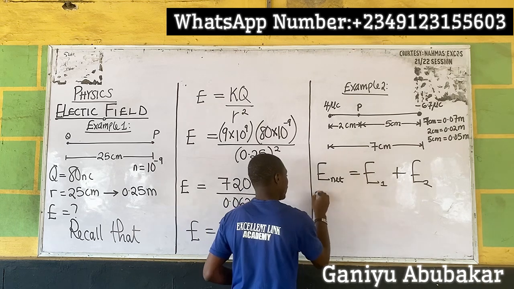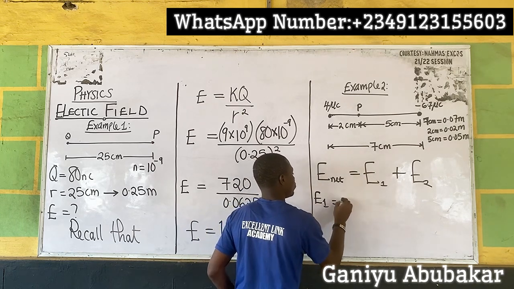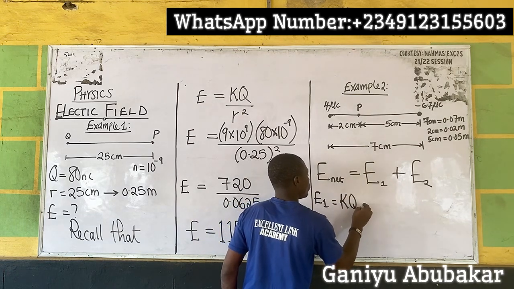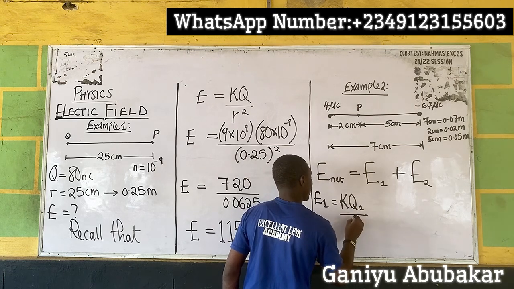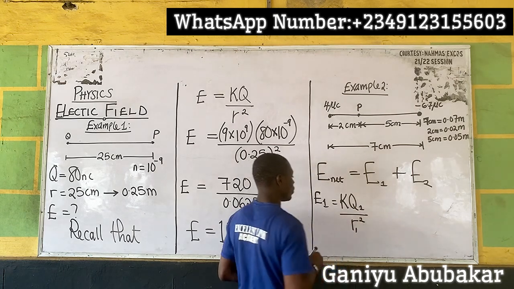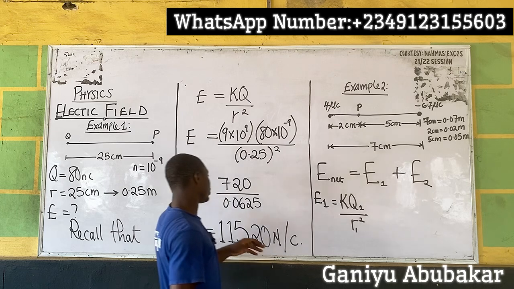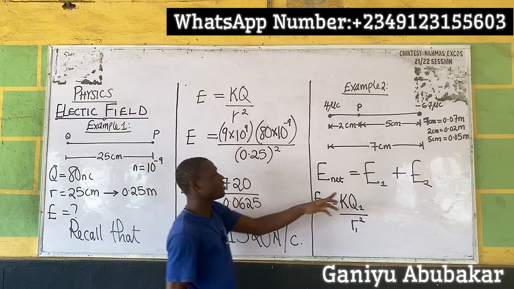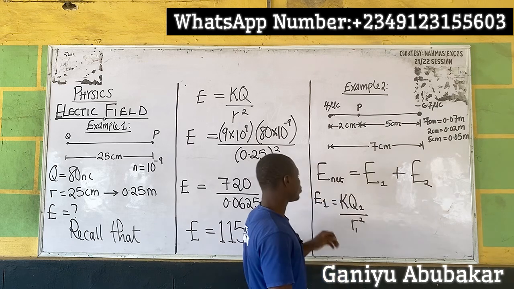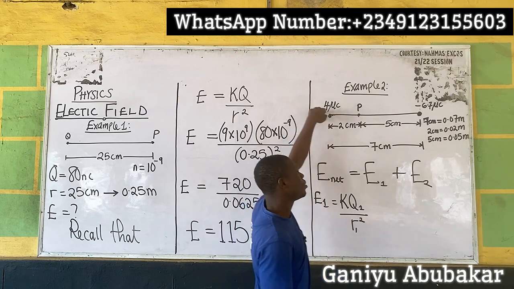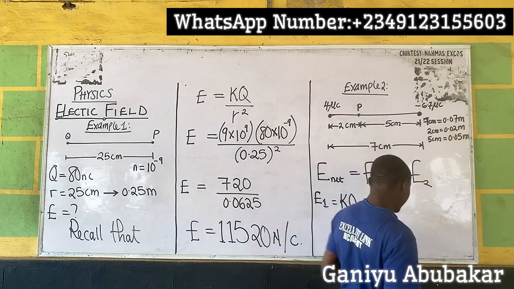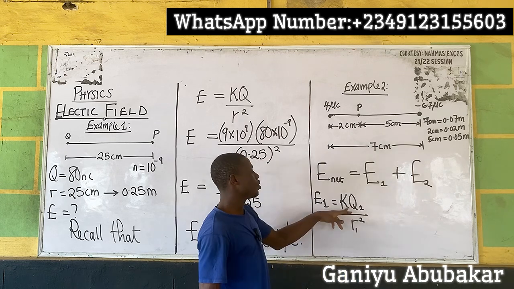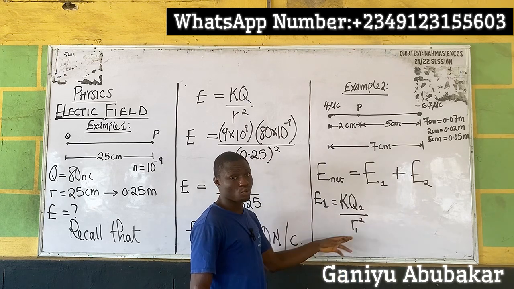E1 is KQ1 over R1 squared. The formula is given by KQ over R squared, but I'm having sections 1 and 2 here. This is my first charge Q1 and this is my second charge Q2. So E1 is KQ1 over R1 squared.